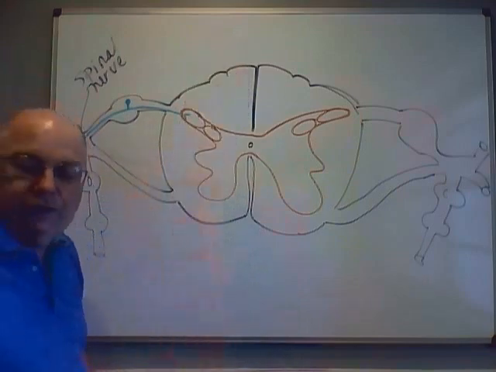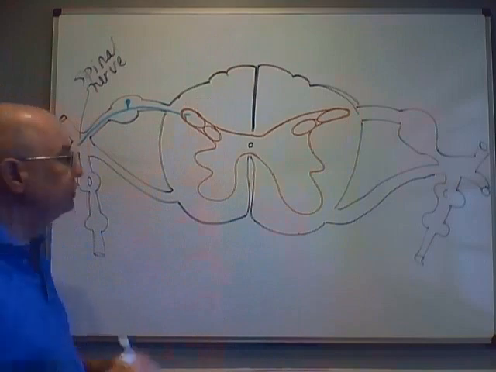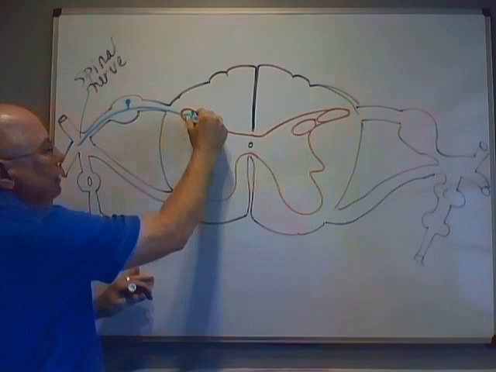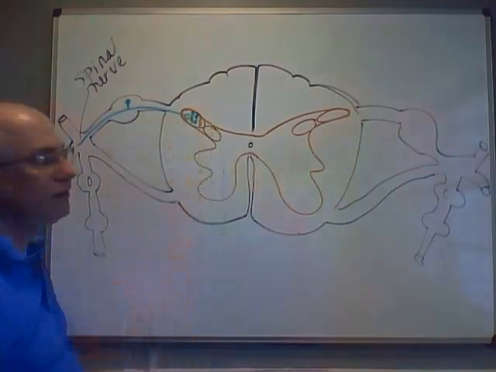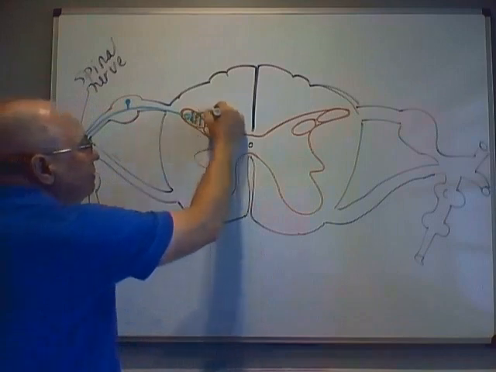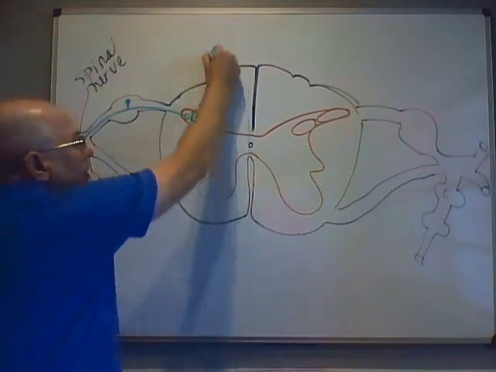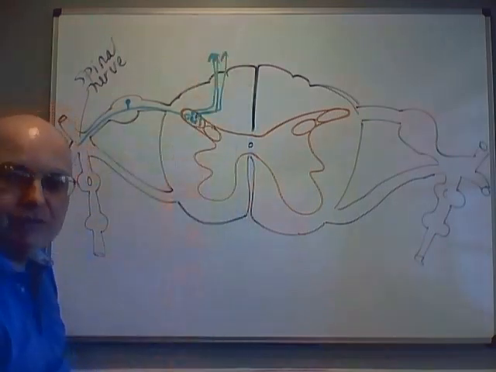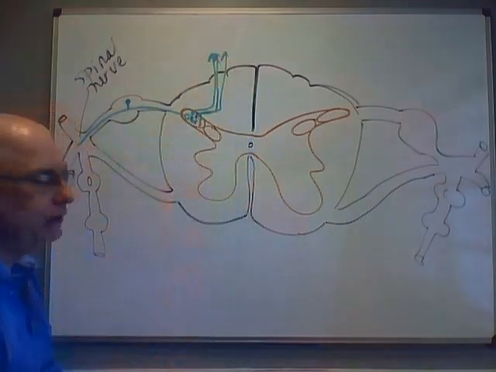So there's going to be a whole bunch of sensory neurons that live here, receiving with their dendrites and everything, but the somata are here and they're going to be receiving sensory input. And they're going to send axons out and then up towards the brain through the white matter. These are going to be myelinated axons, usually.